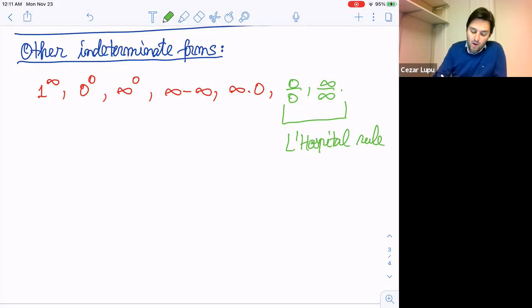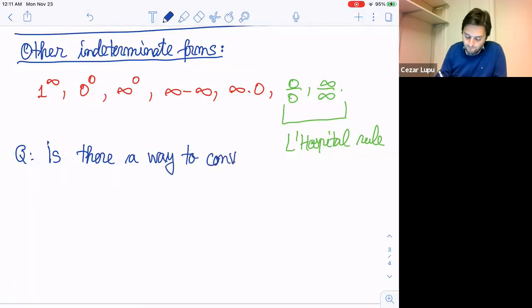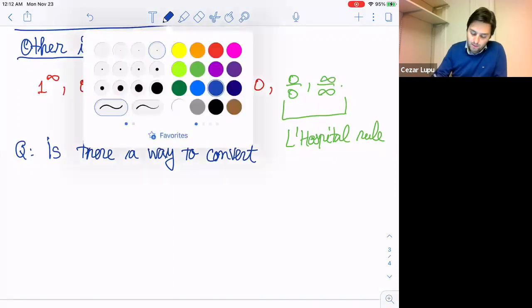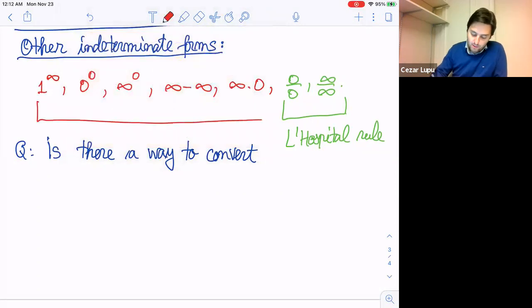The question now is, we would like to address the following question. Is there a way to convert, okay, so these are the first 5, right?